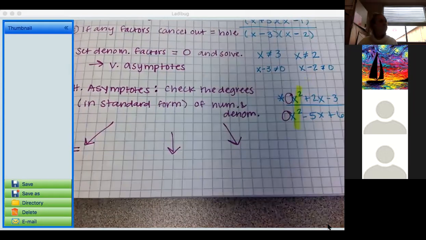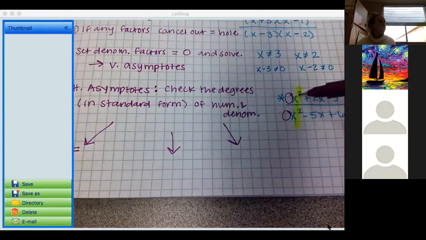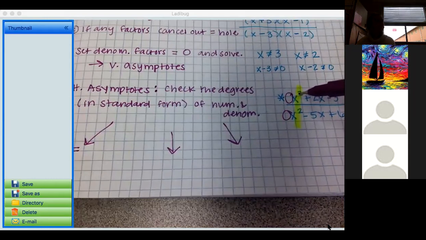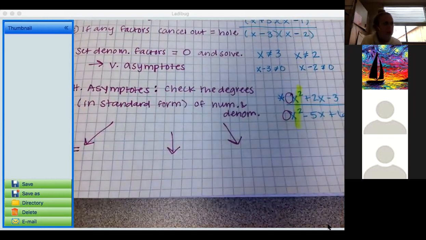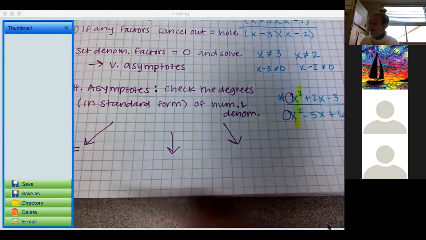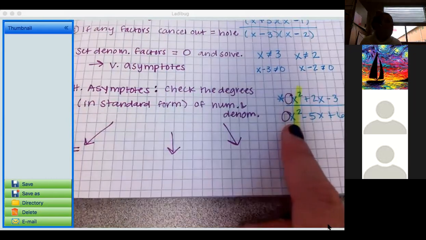Look at your coefficients. What's the coefficient with this x squared? 1. If there's no coefficient, it's an understood 1, right? Okay, I'm going to take a second because I feel like y'all aren't with me. I'm only going to do one more because this is Math 3. So make sure you're paying attention. What's the coefficient of the bottom one? 1.